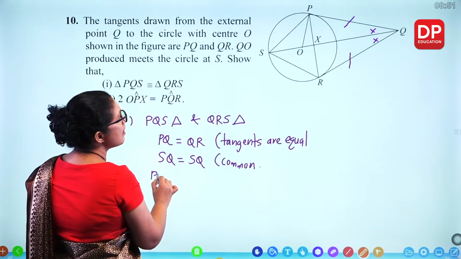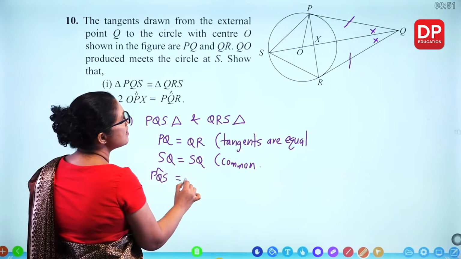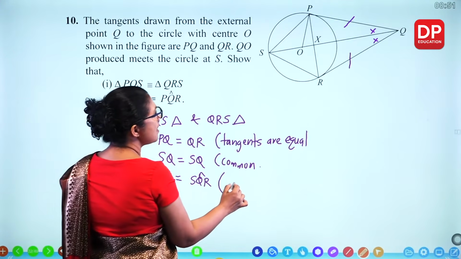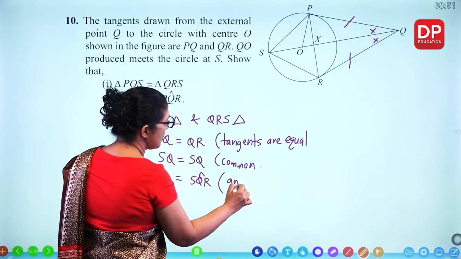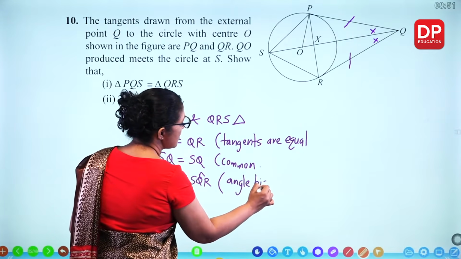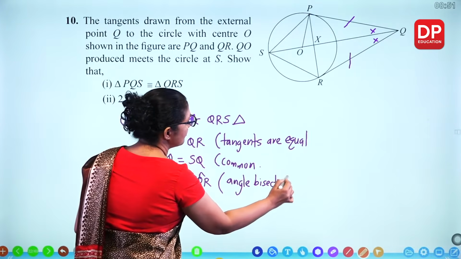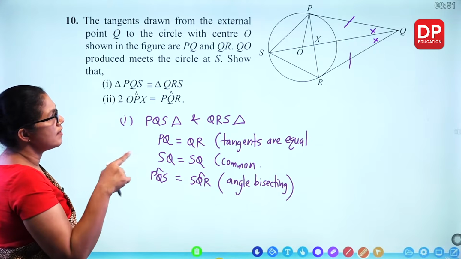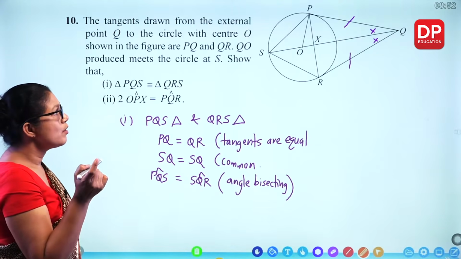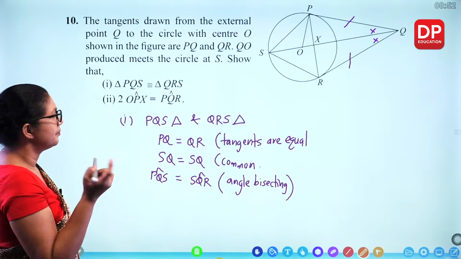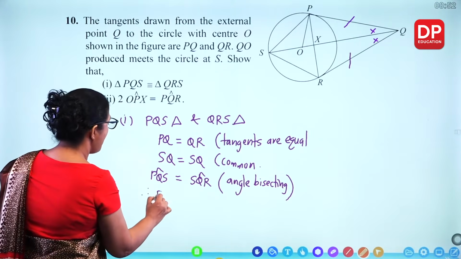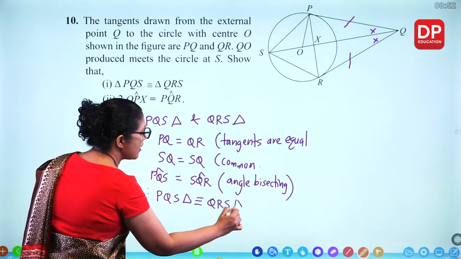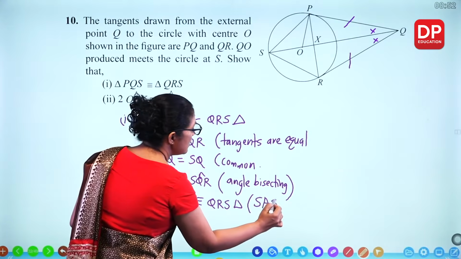Angle PQS is same as angle SQR according to the theorem. Angle bisecting. So, common length, two lengths and one angle. An angle is the included angle. So, we can say triangle PQS is congruent to triangle QRS, side, angle, side.